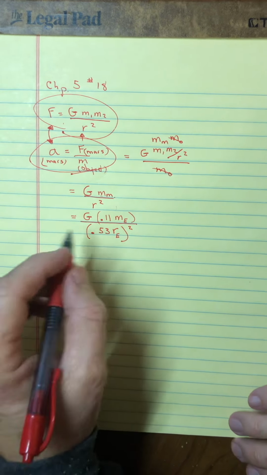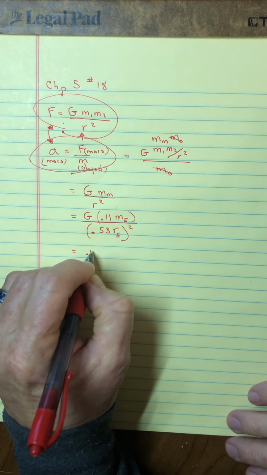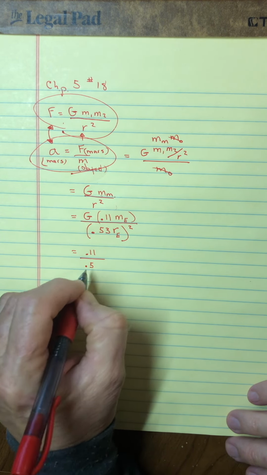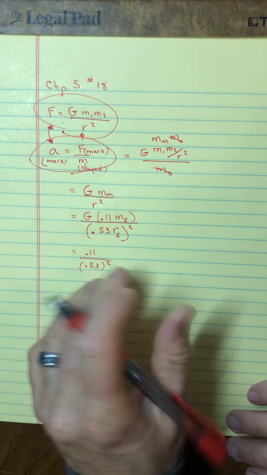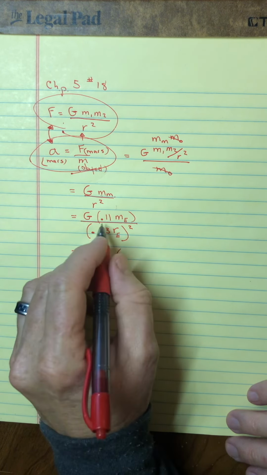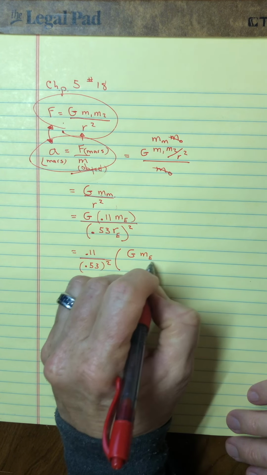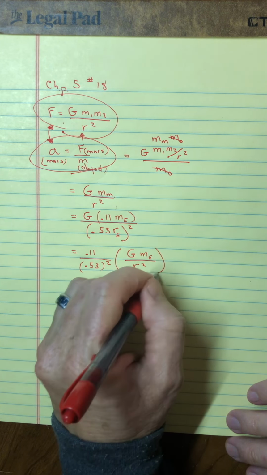Now, if we simplify this math a little bit, we can put the 11% out in front. We could even put the 53% squared out in front. And we would be left with a G times the mass of the Earth over the radius of the Earth squared.